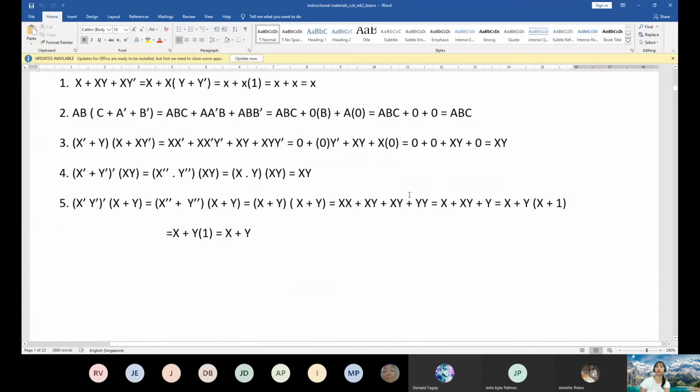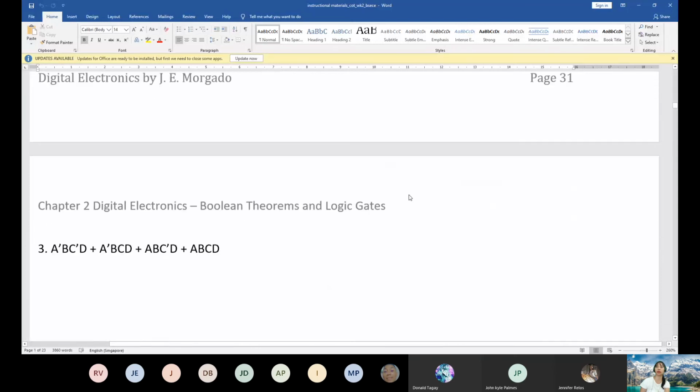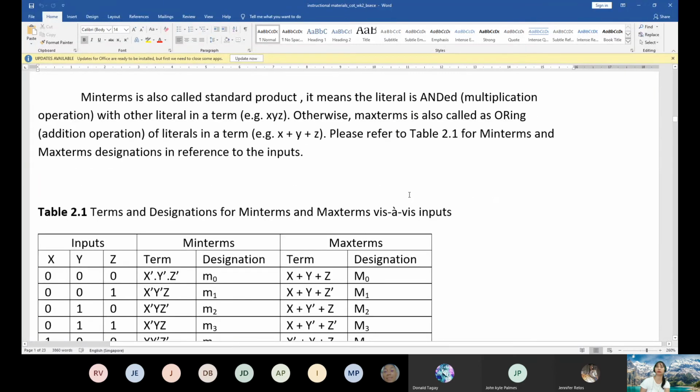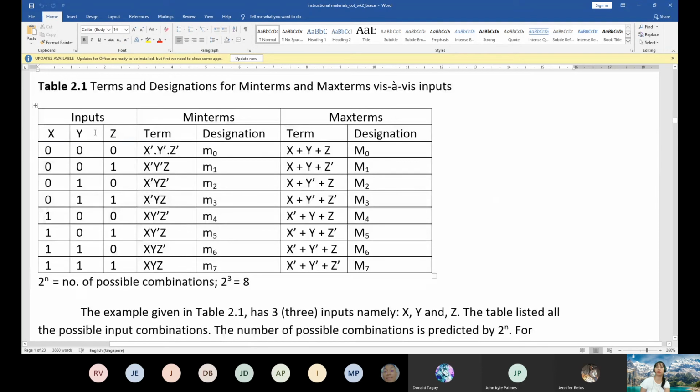Okay, so Boolean theorems. So here, for min terms, if input is 0, you write x prime. Input of 1, you write x.